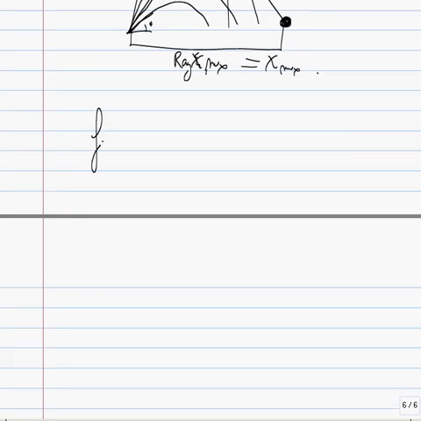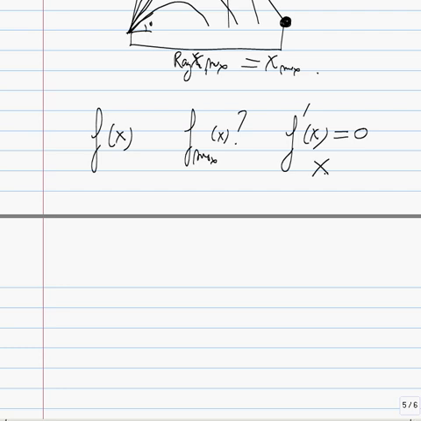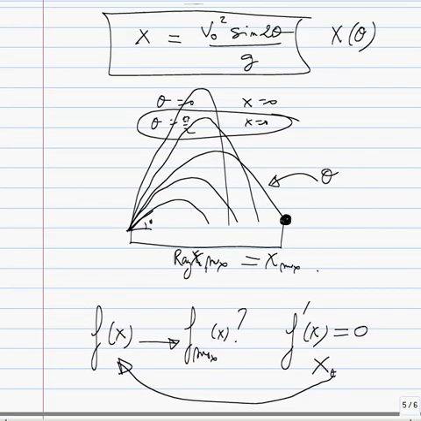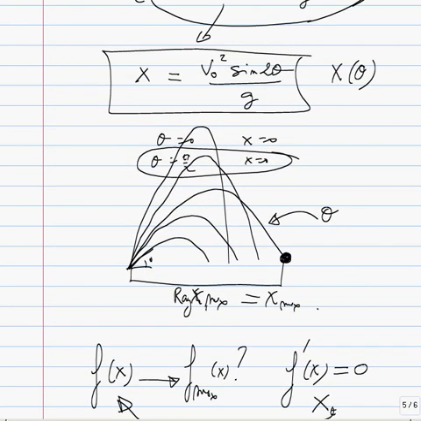Remember, if you have a function f and you'd like to know f max, what do we do? We take the first derivative, we set it equal to 0, we solve for the value of x for this to happen, and we plug this special value back into f, and this will give us f max. So we're going to use the exact same standard as calculus to obtain maximum or minimum function values. So in our case, x is a function of theta.